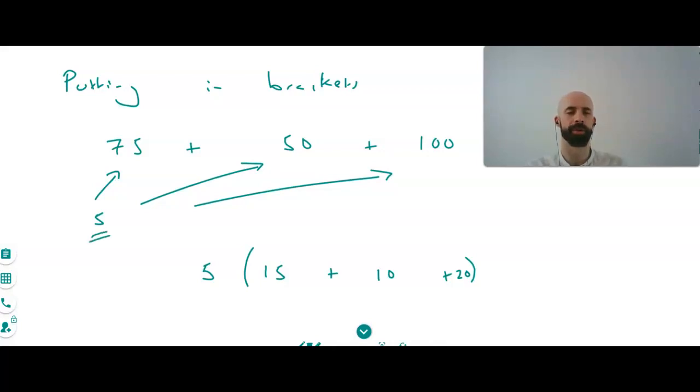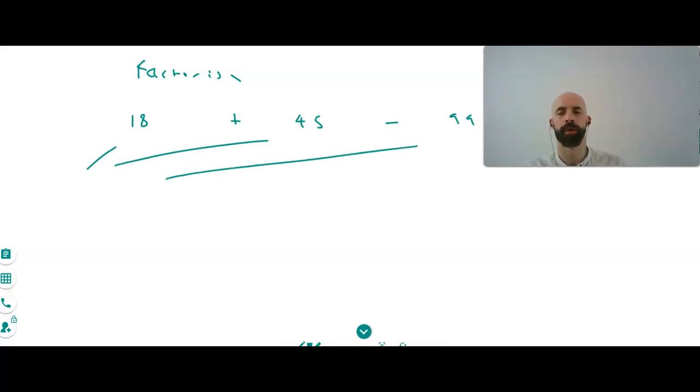So let's just do a couple more examples with numbers. Let's go with 18, 45, and 99. We actually could have a plus and a minus here. It doesn't really matter what's going on with these symbols; we're going to factorize just the same. So what is our common factor here? You might notice 9 will go into all three of those numbers.